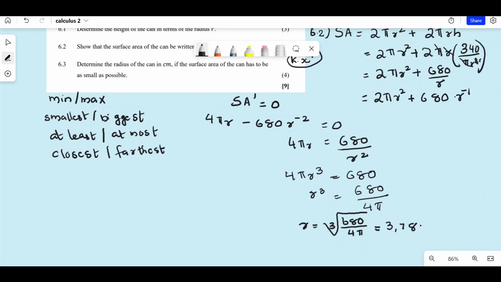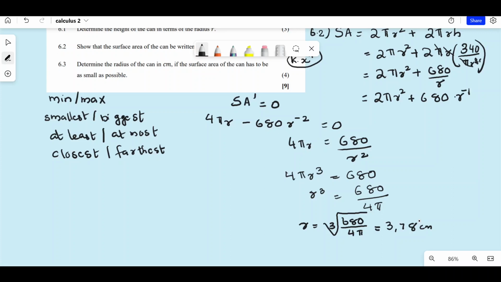That is r. So you are asked to determine the radius of the can. So that is the answer. Radius of the can is 3,78 centimeter.